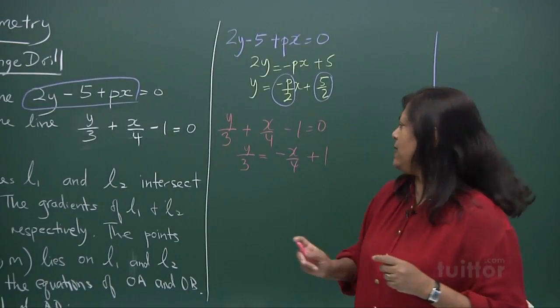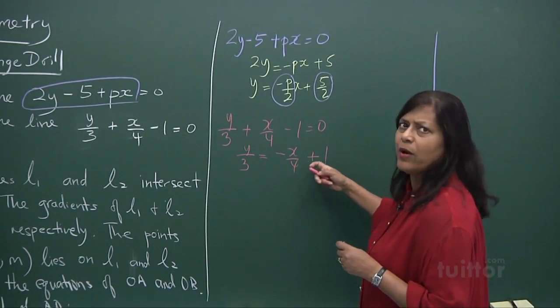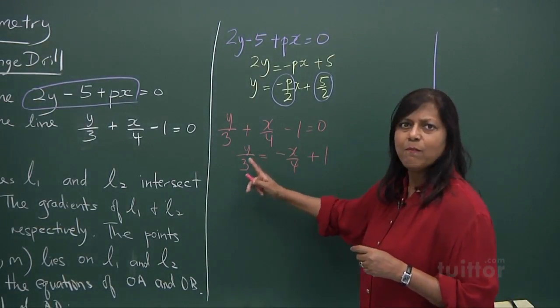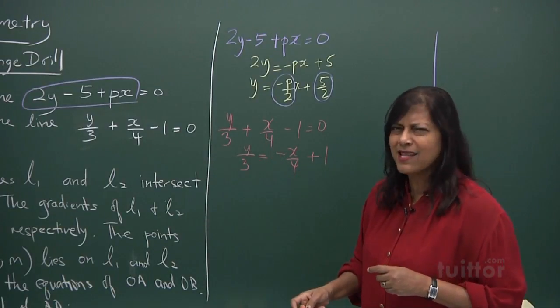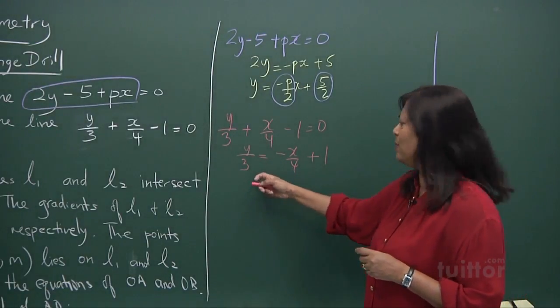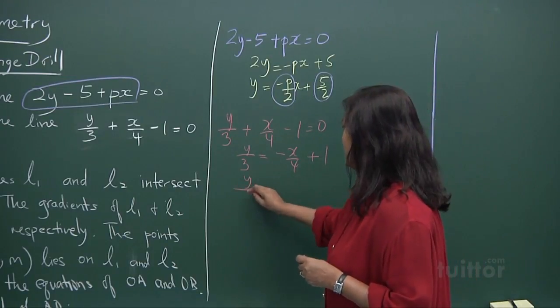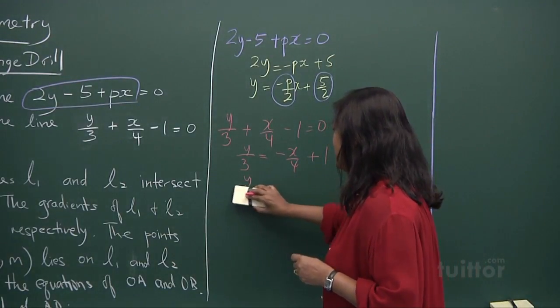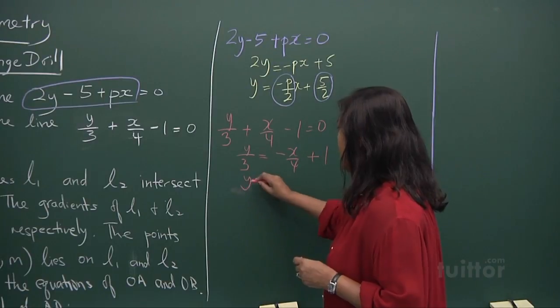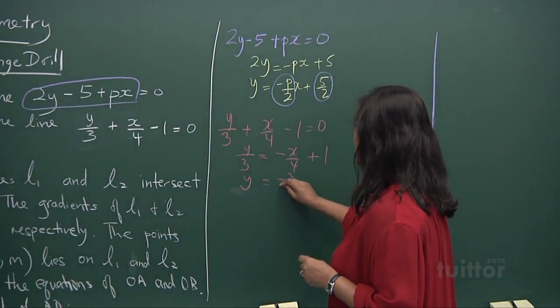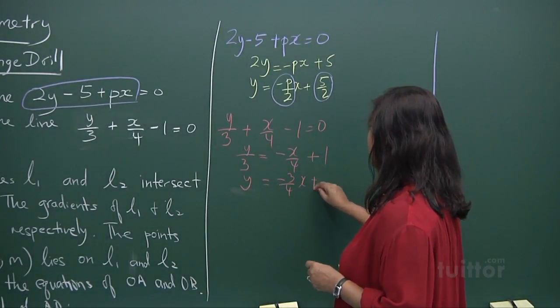That's why they do not meet. So bring the 3 over. Every number, you multiply it by 3. That's how you get rid of the 3 below. So your y is, oops, I should not have written this line there. y is equal to minus 3 over 4 x plus 3.